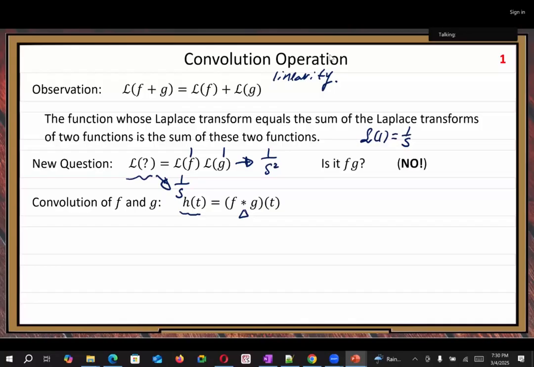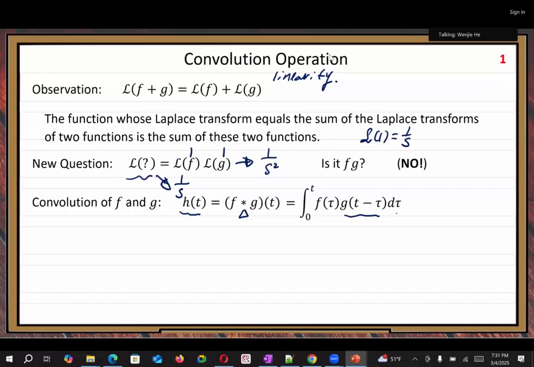F star g we define as a new operation, the convolution operation. Its definition uses the integral from 0 to t of f of tau times g of t minus tau. This is the convolution definition.